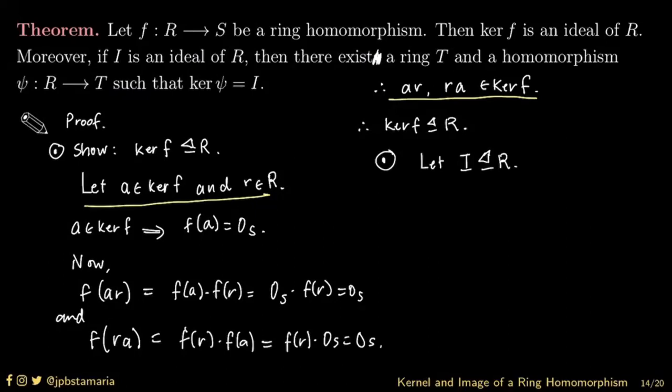Naalala nyo from previous lesson, kapag meron kang ideal na I, you can always construct the quotient ring of R modulo I. Ano naman ang quotient ring ni R modulo I? Ang laman nito yung mga cosets ng I. It's going to be a ring under coset addition and coset multiplication.